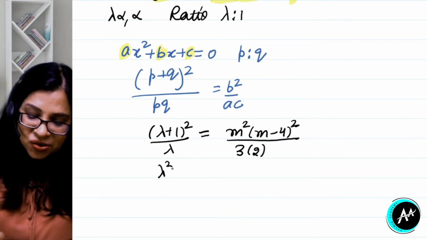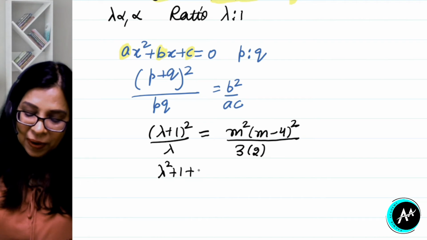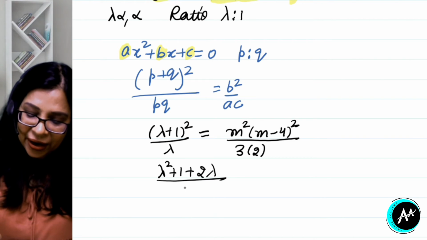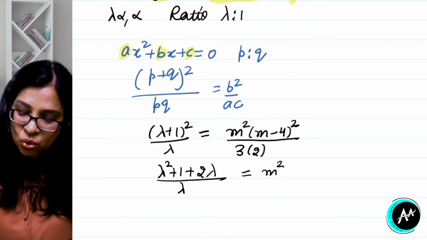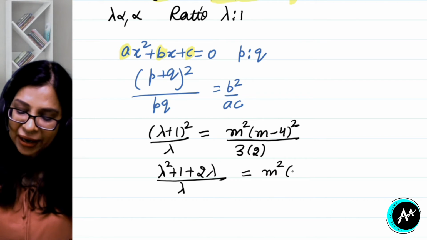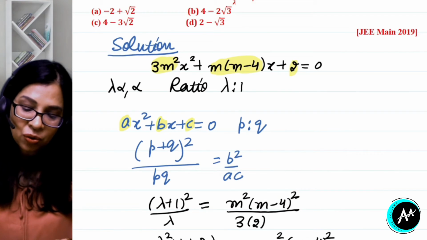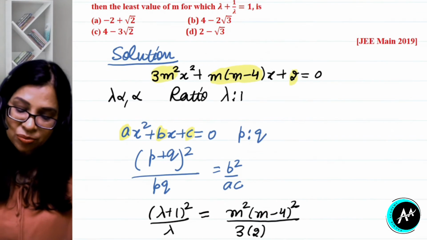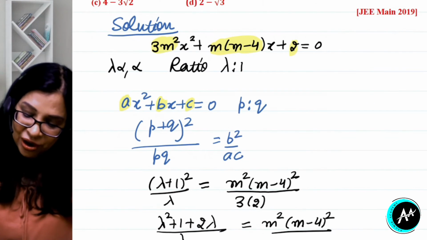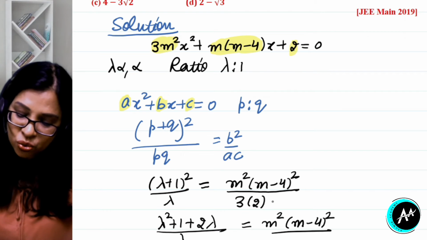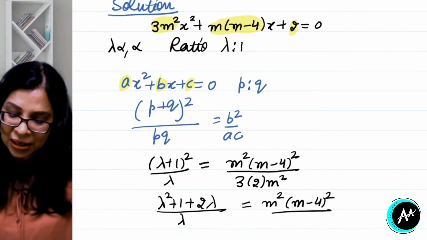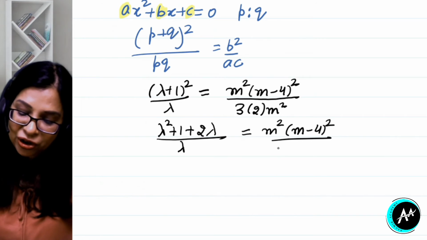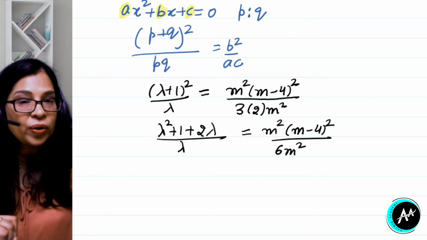I have lambda square plus 1 plus 2 lambda and divided by lambda. This is equal to m square into m minus 4 whole square divided by, what do I have? Okay, just a moment. In the a is 3m square. Okay, so I'll have m square also here, because a was 3m square into c will be this. So now I have denominator as 6m square.